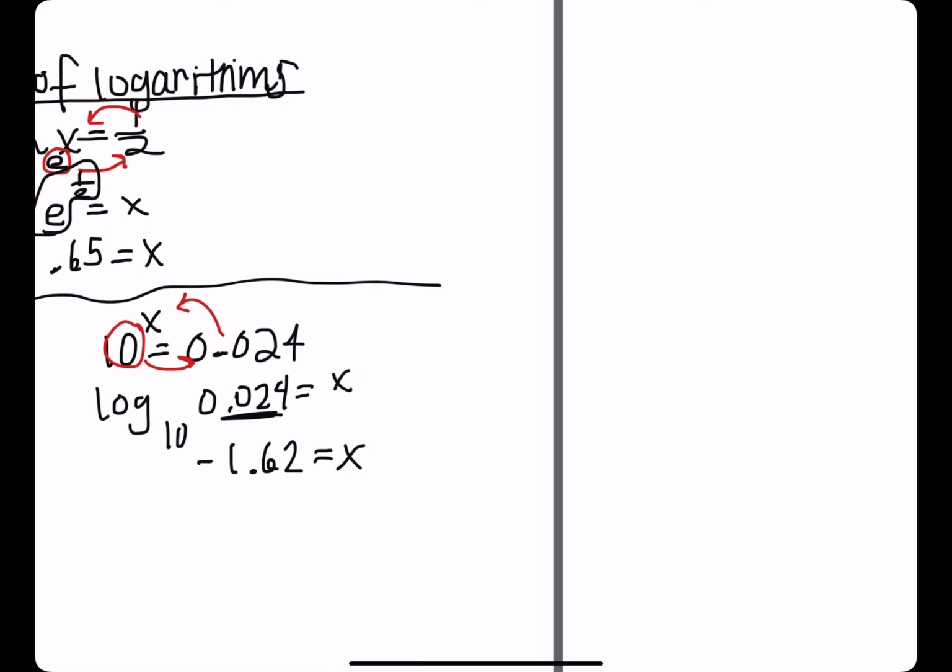So let's do something a little bit more complicated. Let's use an e. Now, first thing we want to do is try to isolate this e here before we can do our loop and swirl.